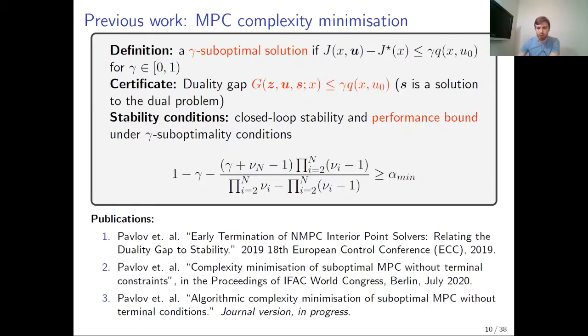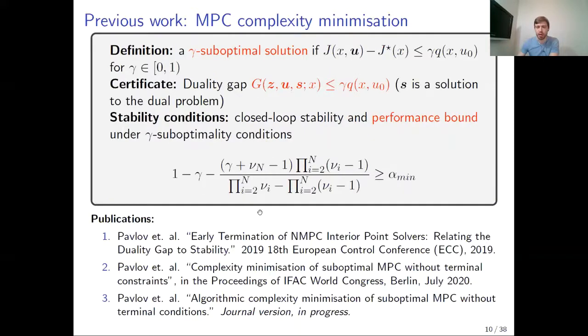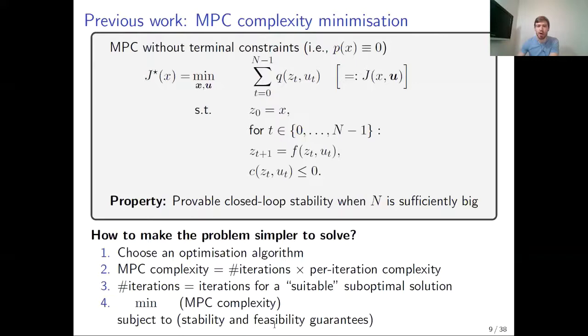We have derived a condition which includes both N and gamma, and this condition provides a lower bound on the performance. So when alpha min is chosen as 0, it means just marginal stability. Otherwise, it acts as a performance bound. With these constraints, we were able to formulate the MPC complexity minimization problem. The equation here goes into the constraints, and the objective function is chosen as you wish.